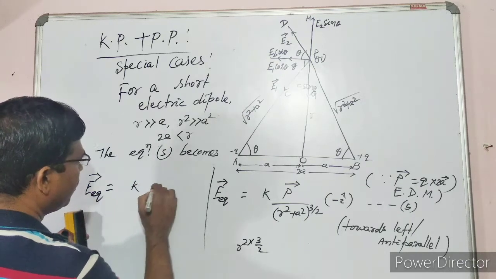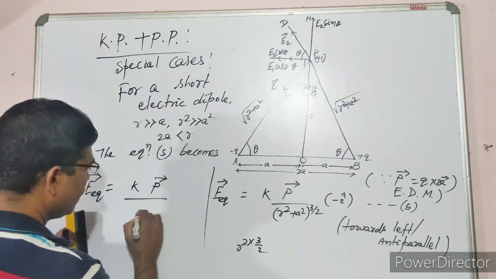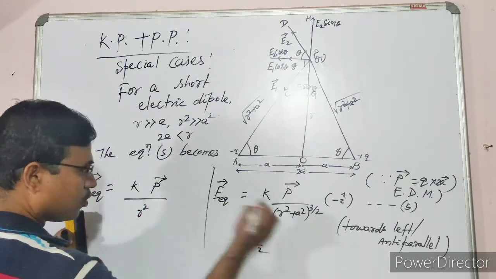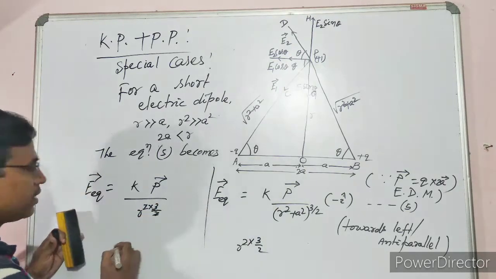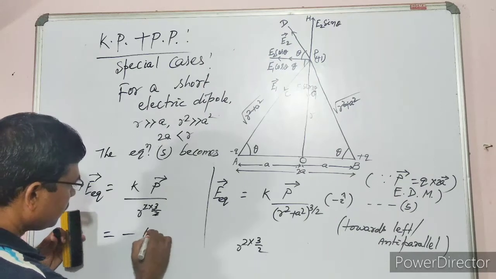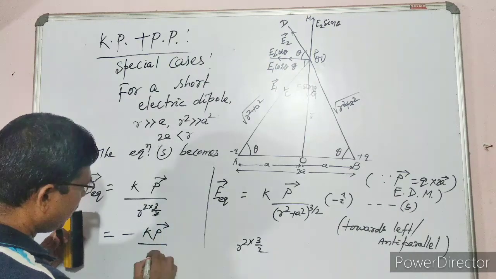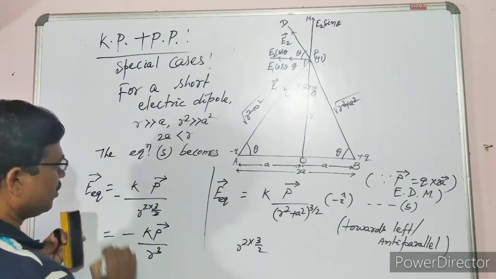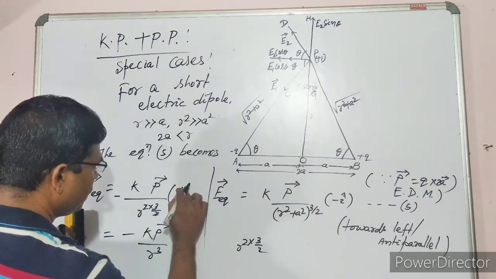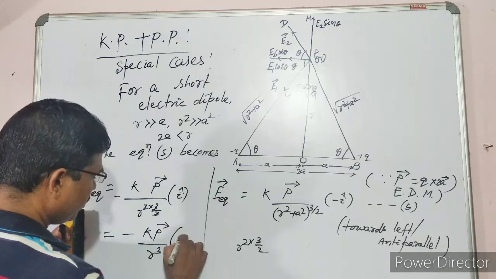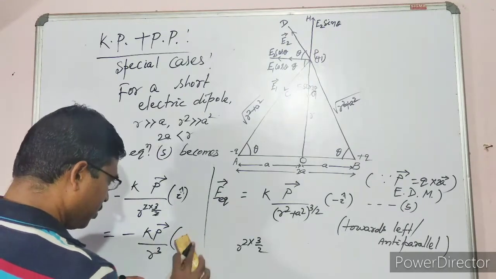So K P, then r square to the power 3 by 2, that means K P by r cube. We give minus sign, otherwise here also unit vector. Any problem?